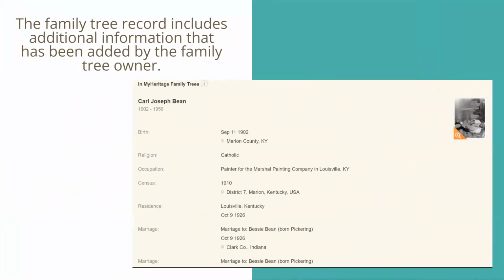Within the results, you're given what collection it comes from, which is the MyHeritage family tree, as well as any extra information that you might see. So for example, you'll see that Carl Bean Sr., it's not marked senior here because there's a long convoluted explanation why he's not really a senior and my grandfather's not technically a junior, but they are.